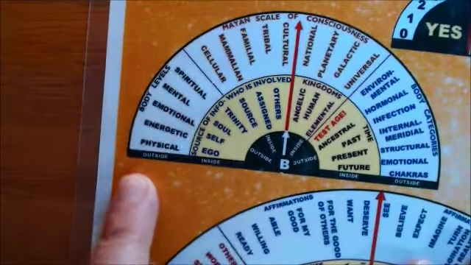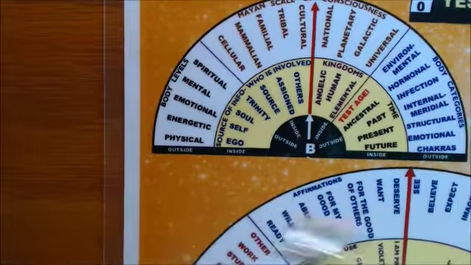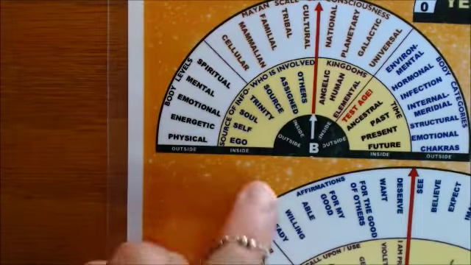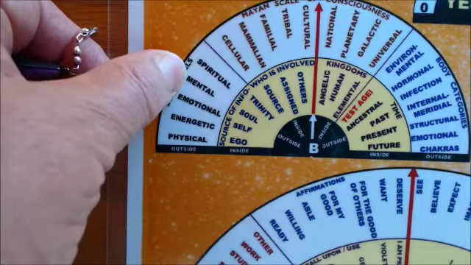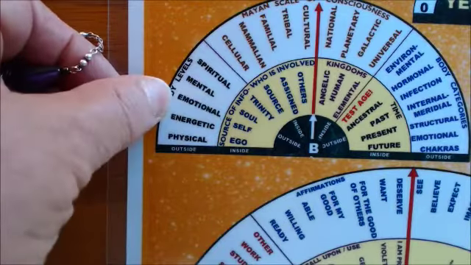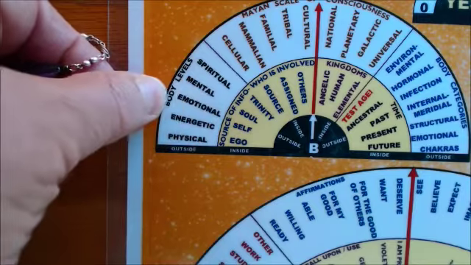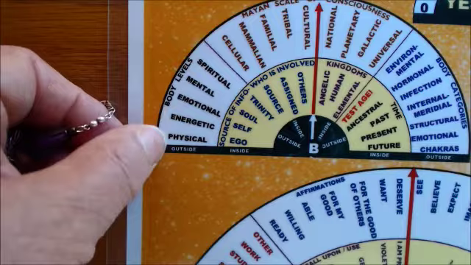And the body levels are strictly, if you're working with some type of disease, I always want to know what level is it on. If it's mental, they're only thinking about it. Emotional, there's going to be blocks. It's deeper into the matrix. Energetic, physical.